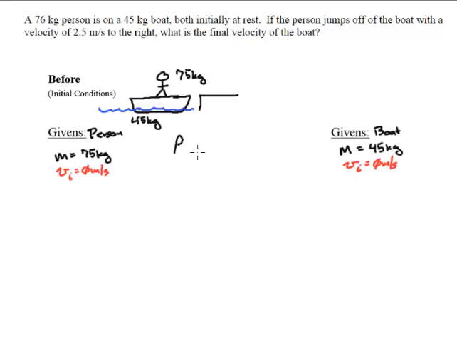The net momentum equals all the momentum of the boat plus all the momentum of the person. And so I can go 75 times 0 plus 45 times 0. And I find out that my net momentum in the beginning is 0 kilograms times meters per second.